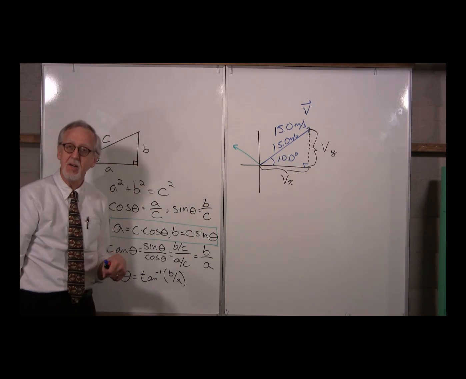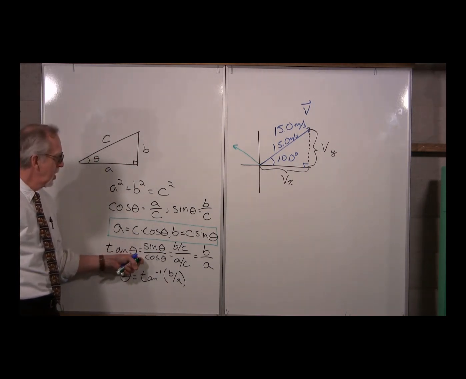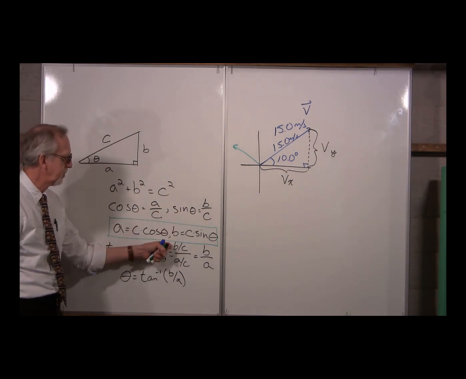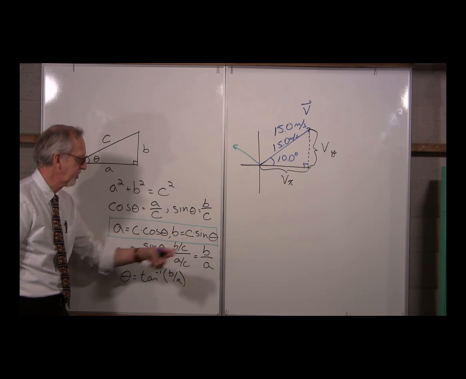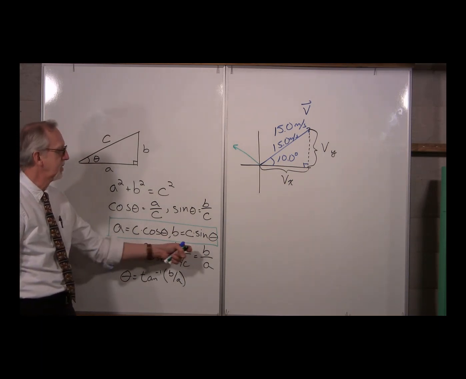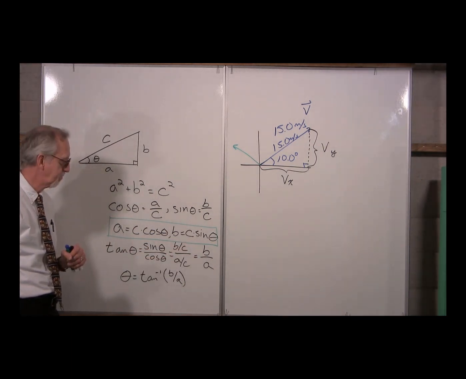Then tangent of an angle is sine over cosine. Well, sine is B over C, cosine is A over C, so that's B over C over A over C. The C's cancel and we get B over A. So the tangent of the angle is opposite over adjacent, the opposite side over the adjacent side.